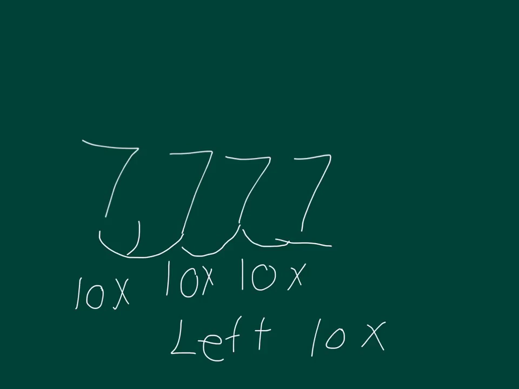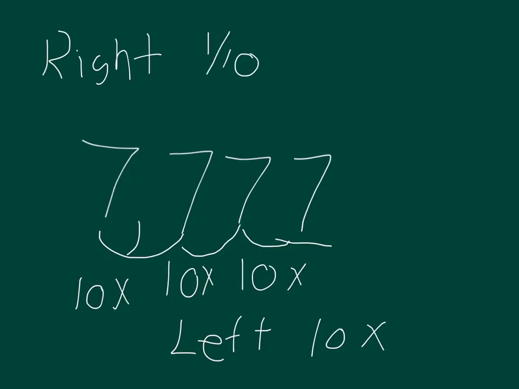And so we can look at it the other way. Now let's start on the other side. Let's start with the 7,000. To the right of 7,000, it would be 1/10.